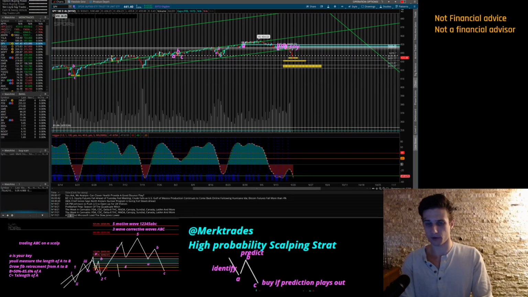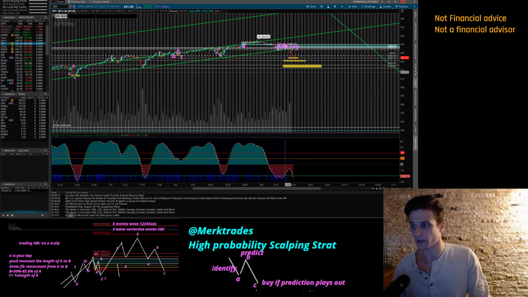So our first pivot, and then our second one's down at 430.